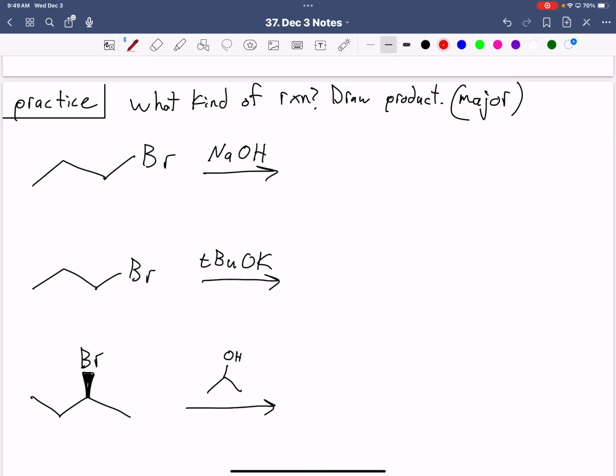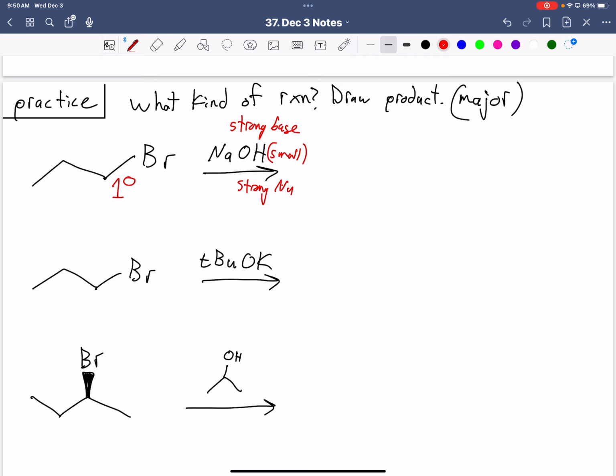So I want to approach all of these by considering my reagent and my substrate. NaOH is just hydroxide. Strong base. Strong nucleophile. Small.